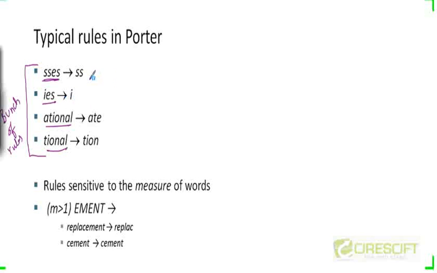Okay, sir. So in each phase of the algorithm, you have a bunch of rules. The rules for phase one may be different from the rules for phase two. In phase one, for example, you will take every token and do a longest suffix match between your token and all these strings on the left hand side of these rules.